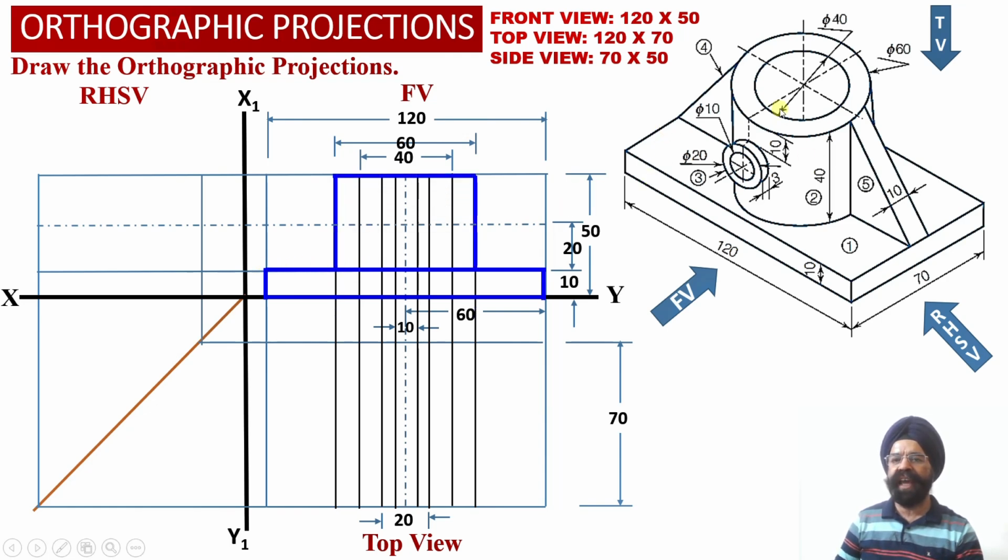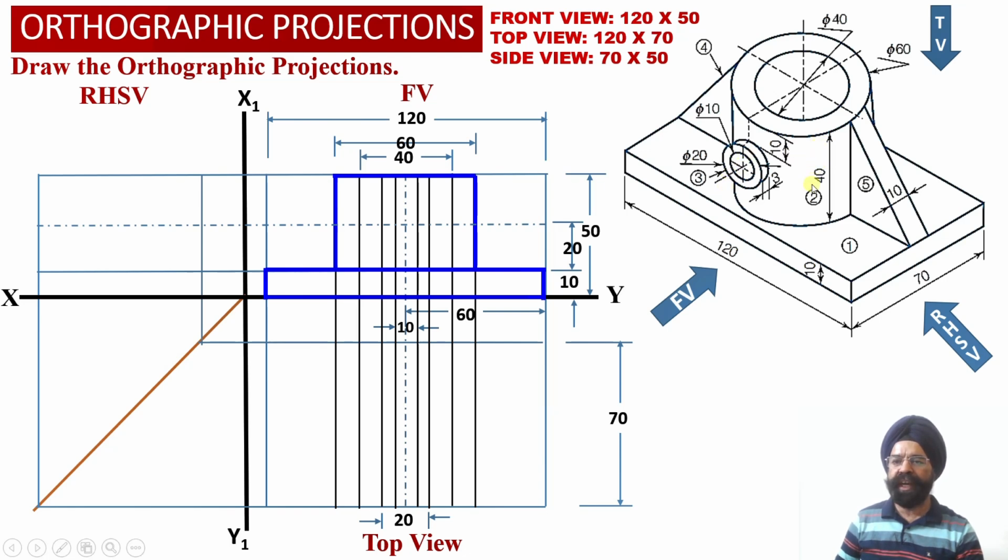Next we have element number 2, which is a hollow cylinder having an outer diameter of 60 millimeter. So corresponding to this outer diameter of 60 millimeter, this circular outer portion of the cylinder will be represented as apparent shape rectangular projections into the front view orthographic projections over here, whereas the inner portion of this hollow cylinder will not be visible to the observer from the front view orientation.